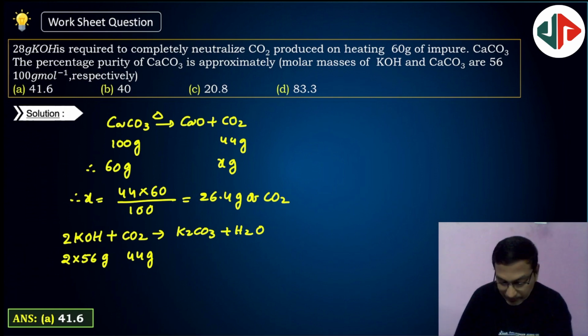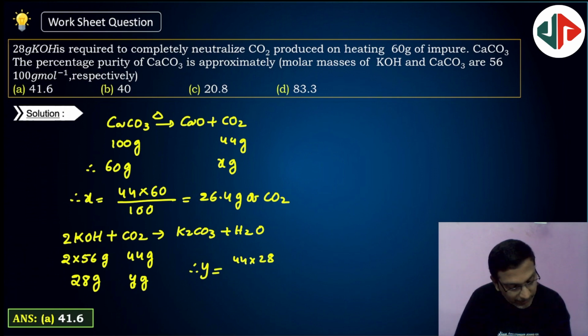But here 28 grams of KOH is given. Therefore, take here Y grams. From this, Y value will be equal to 44 into 28 by 2 into 56, which is 11 grams.